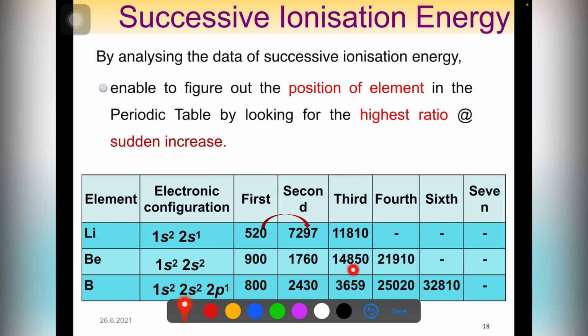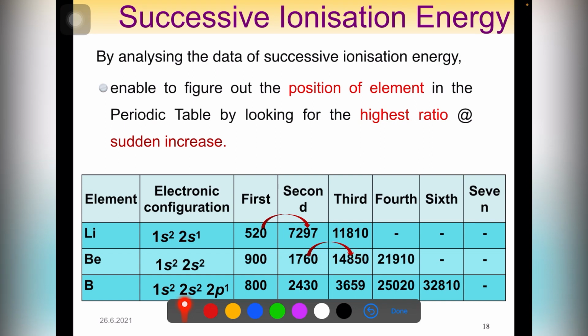So it shows that this one is the energy for the inner electron. So you can deduce that this one has 2 valence electrons. This is what we call the highest ratio or sudden increase that occurs from the second ionization energy to the third ionization energy.